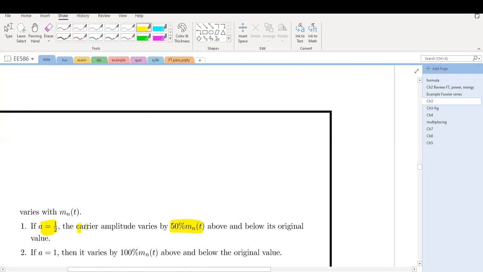In other words, the carrier amplitude will vary by 50% of m_n(t) above and below the original value of the carrier magnitude. If a equals 1, the carrier magnitude will vary by 100% of m_n(t) above or below the original value of the carrier magnitude.